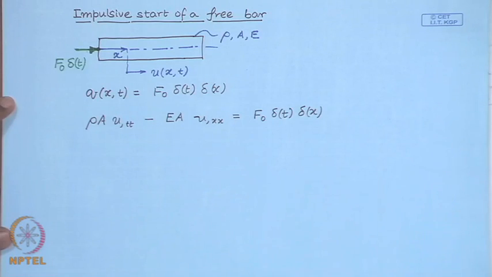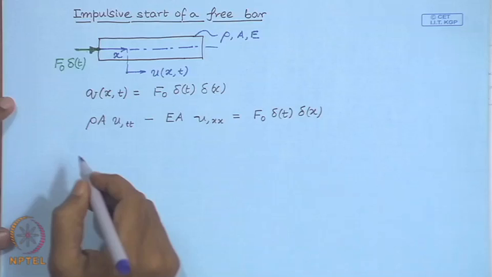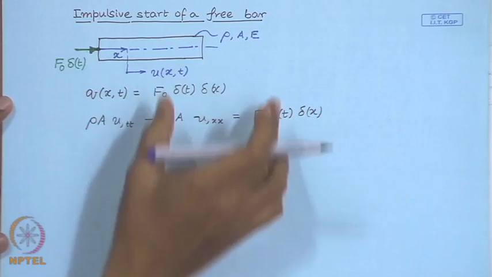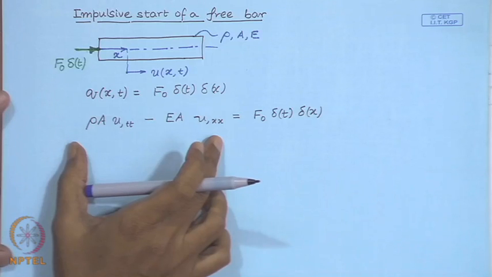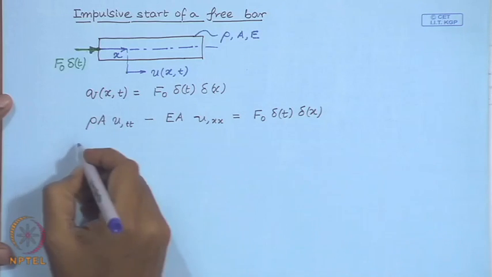Now, to obtain the initial condition on the bar, we write down the impulse momentum equation.